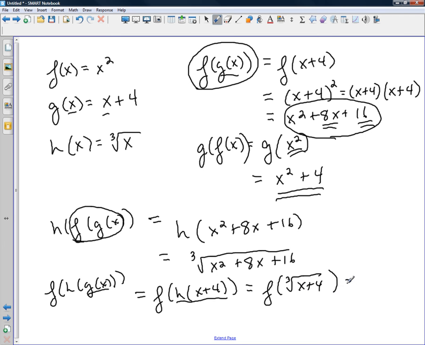And finally, the f rule says square whatever you have. So the answer is going to be the cubed root of the quantity x plus 4, quantity squared, which is the same thing as saying x plus 4, the quantity raised to the 2/3 power.